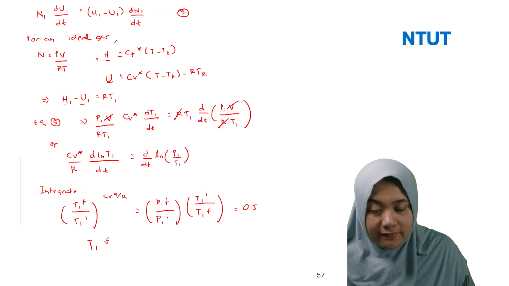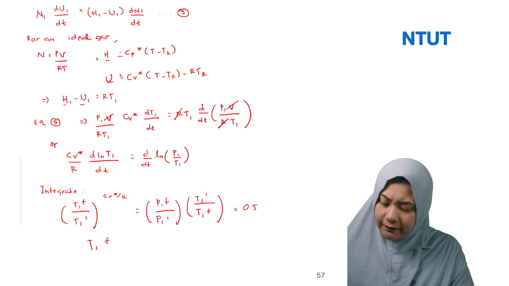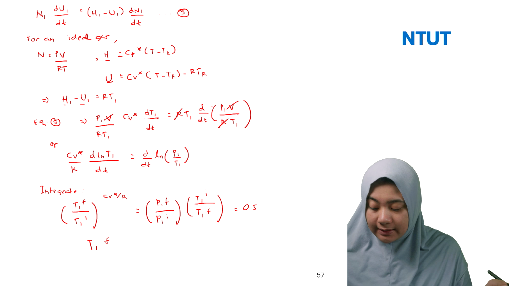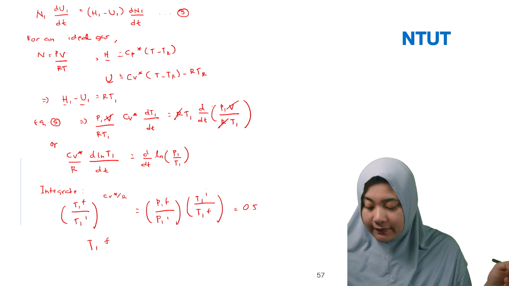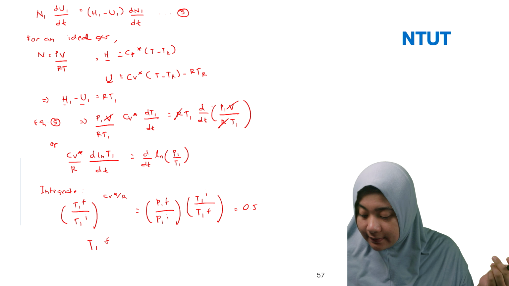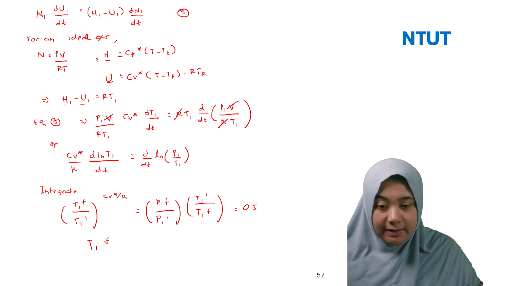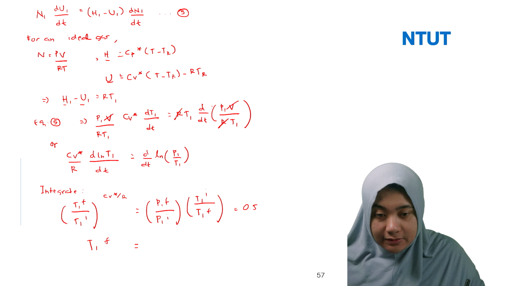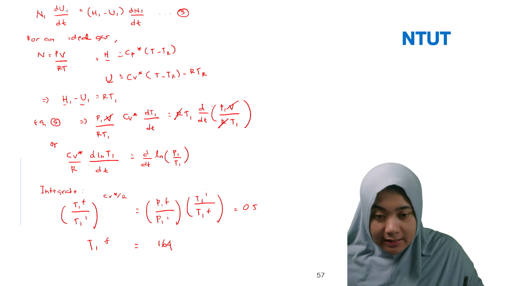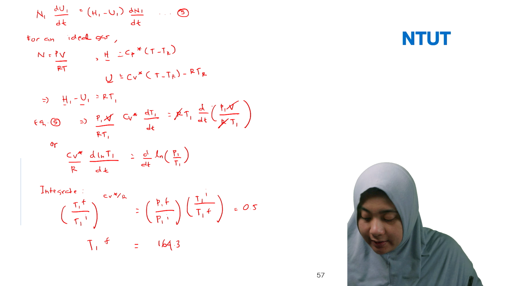We have 2 divided by 4 for the T, it's equal to 2 divided by 100. It's equal to 1 divided by 100. So then in here we have the T1F, it means that you substitute all of the value here. So it means 164 Kelvin.